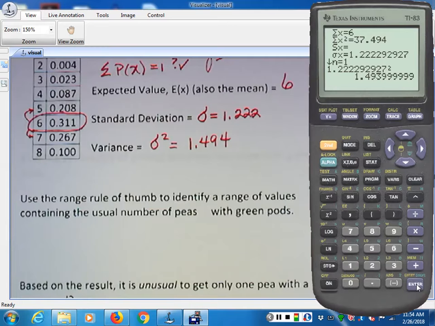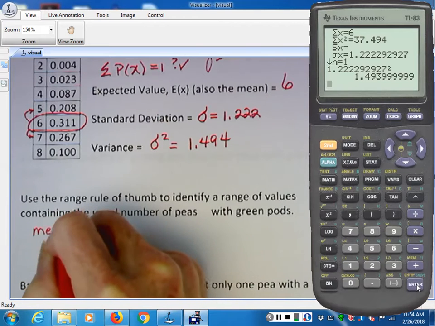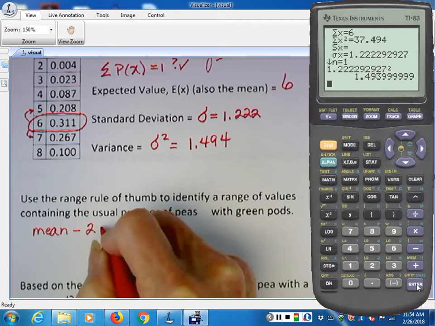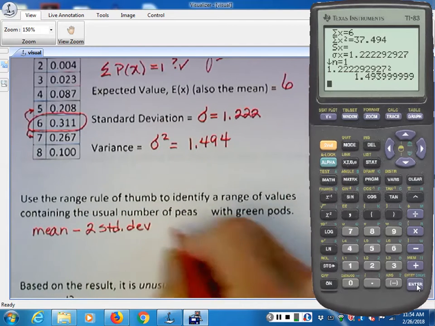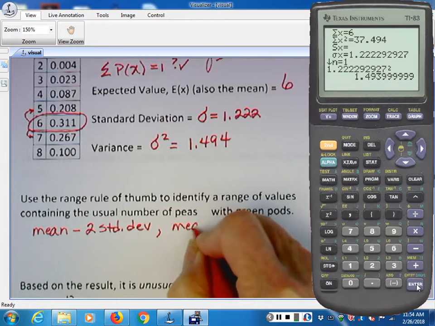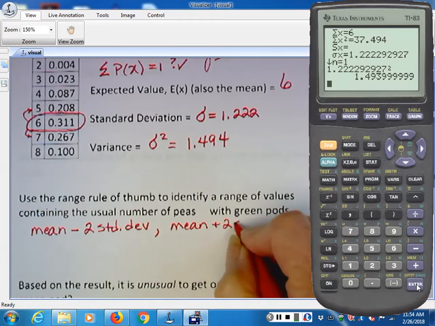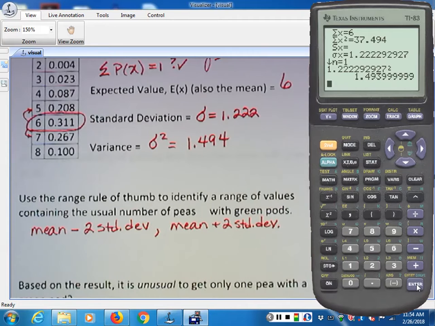The range rule of thumb says you take the mean minus 2 standard deviations to the mean plus 2 standard deviations, and 95% of the time your usual values are going to be within that range.